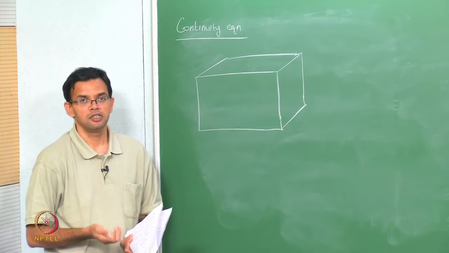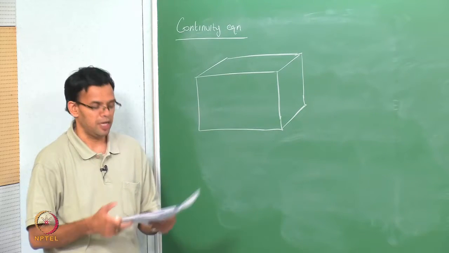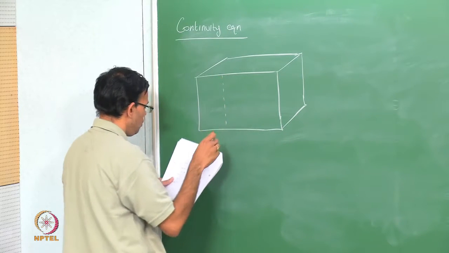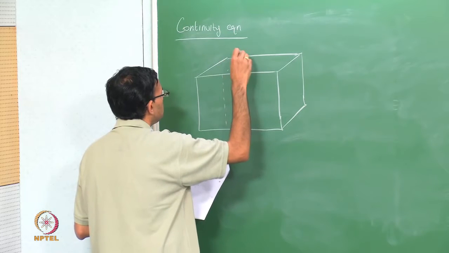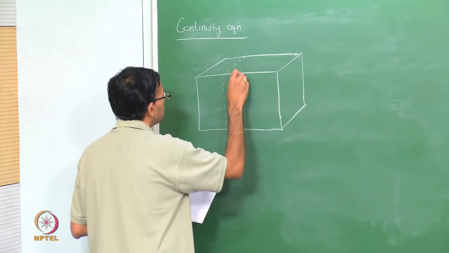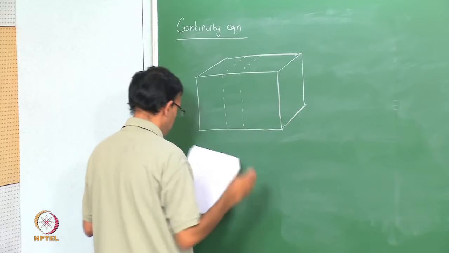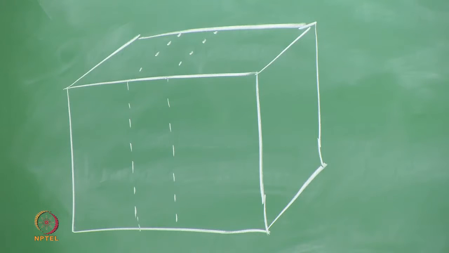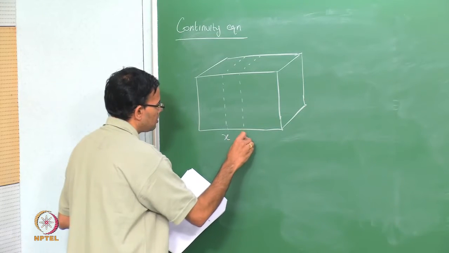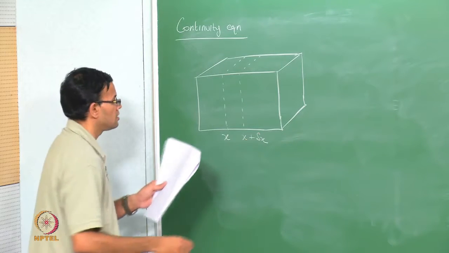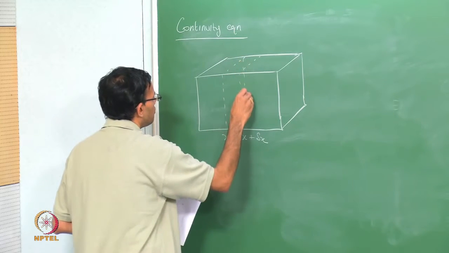The only significant change will be in the minority carriers. So, I have a small portion of this material which is at a certain depth x, and then I consider a small increment x plus delta x. So, this is just a portion of your slab.